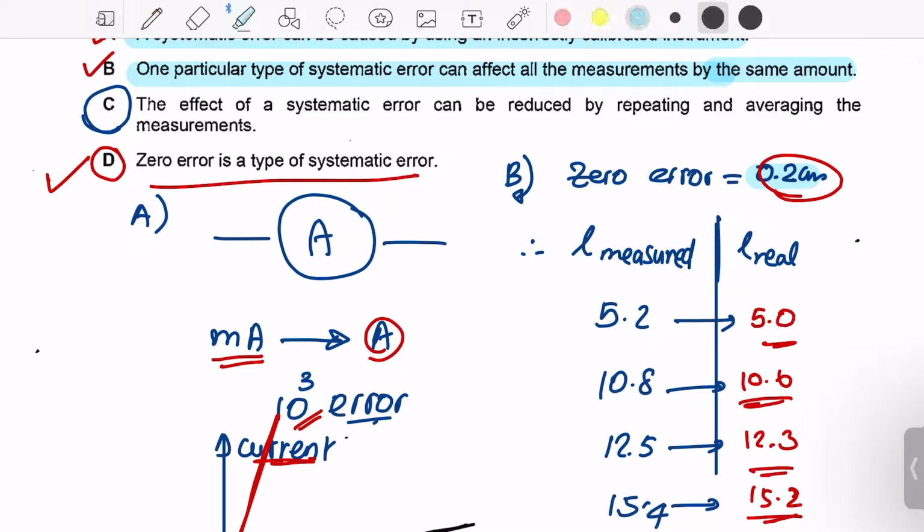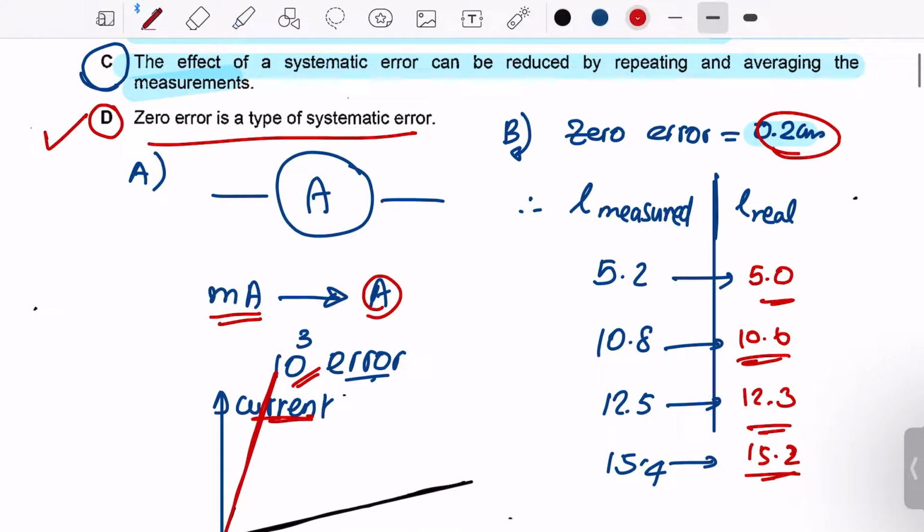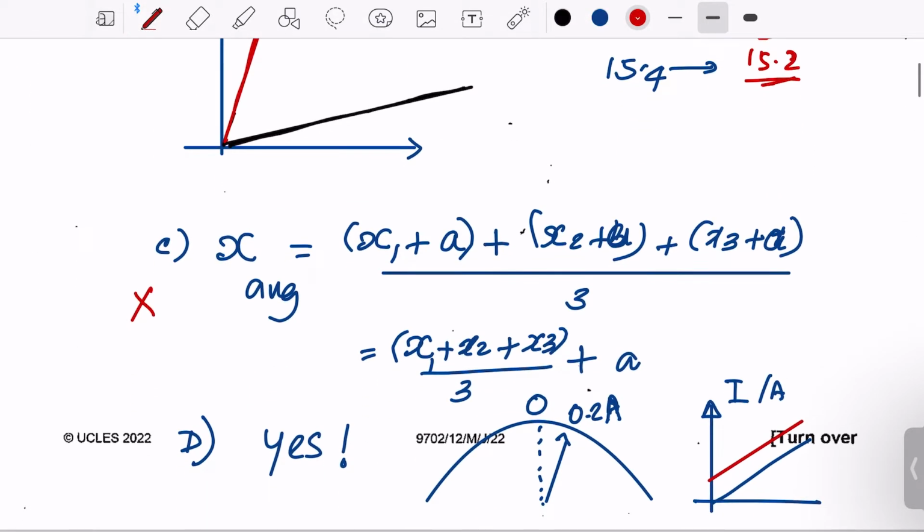Let's think about C. The effect of a systematic error can be reduced by repeating and averaging the measurement. No, this is what we do for random errors. Random errors can be reduced by taking an average.